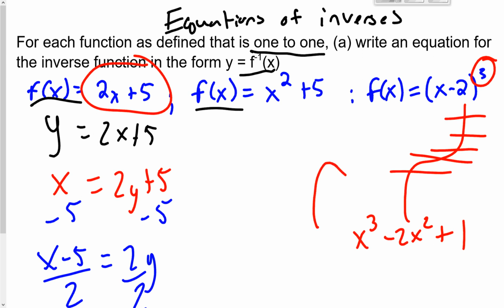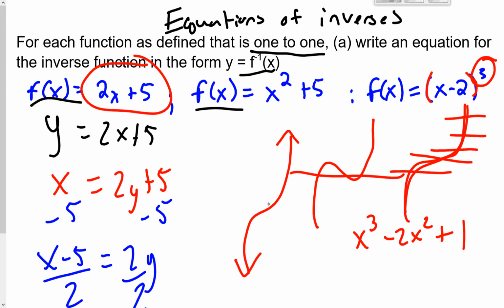But where you're just cubing the entire thing in parentheses, it looks like a normal cubic, because all the inside does is move it to the right or left. So it's going to pass the horizontal line test.